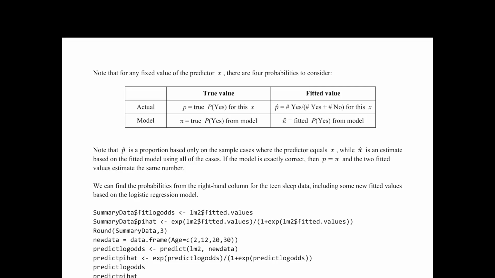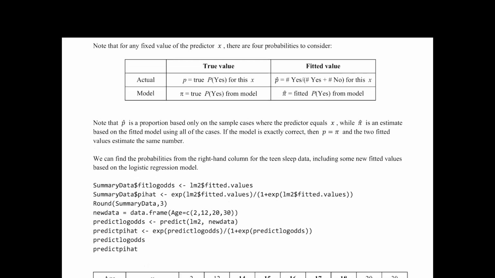And then there's a true value of pi based on the model, and then there's a pi hat, which is the probability of yes based on the model. It's a fitted value. So we have the true value versus the fitted value. We have what's actually true and what's based on the model, right? So if the model were exactly correct, then the little p and the pi would be exactly the same thing, and they would be estimating the exact same number in the pi hat and the pi.